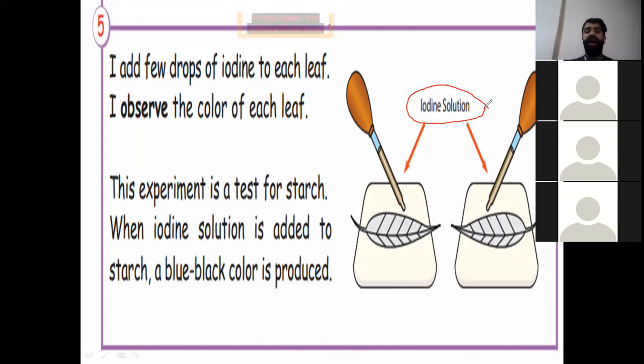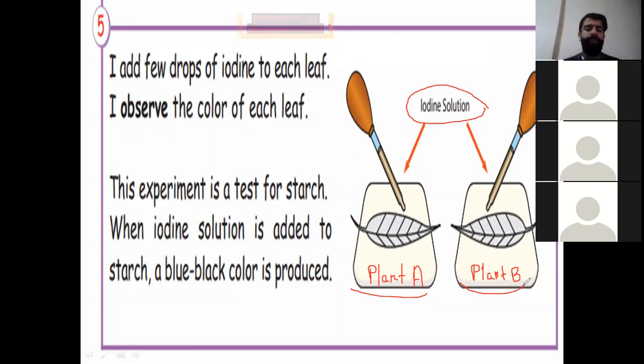So we have iodine solution added here. Imagine that this is the leaf from plant A, and this is the leaf from plant B. Okay, so here from plant A and here from plant B. Which one do you think will give a dark blue color?